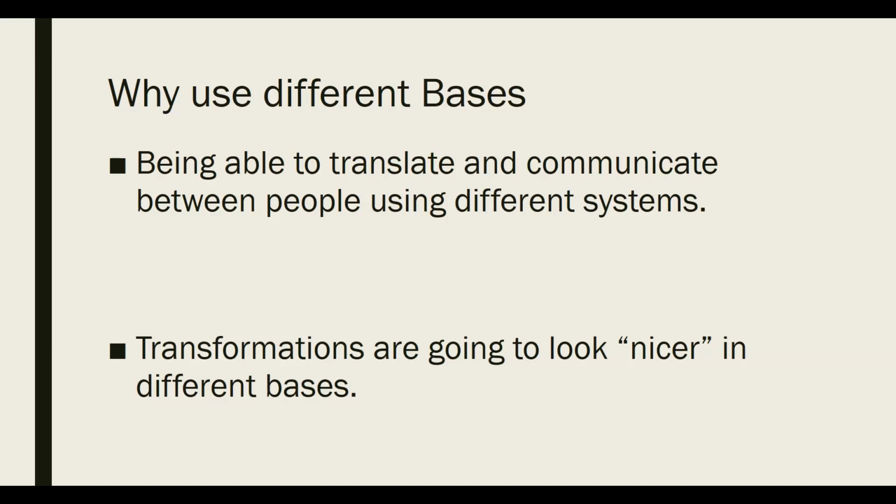And you might say, well, why is there impetus to use different bases? And the two big ones are first being able to translate and communicate between people using different systems. So if I'm using a certain system and you're using a certain different system, then we can go back and forth. I can do some work in my system.